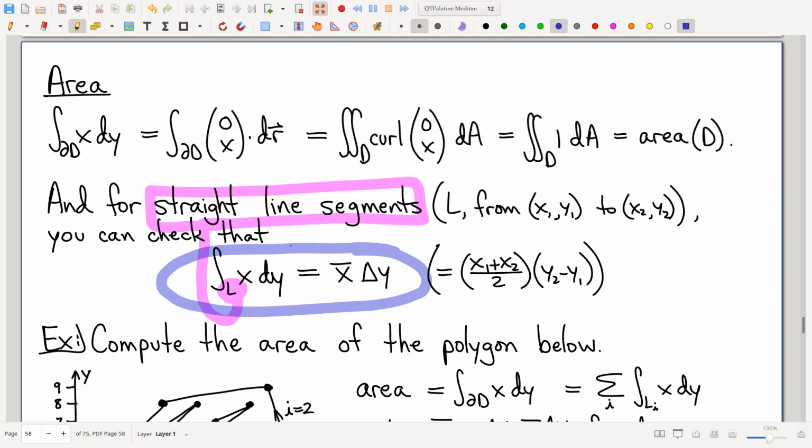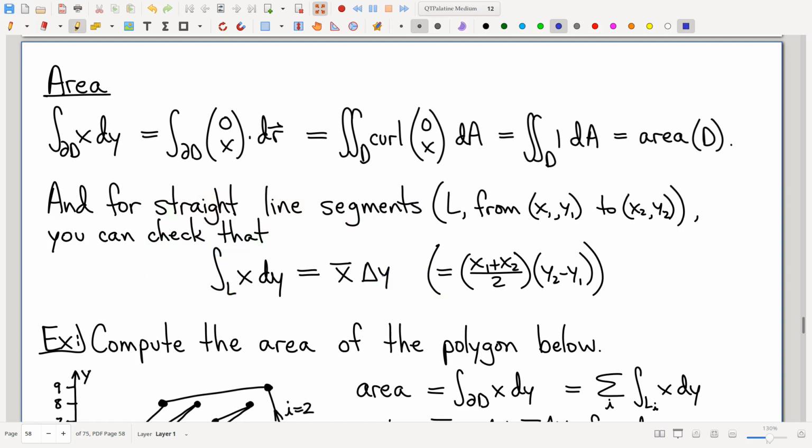You're going to get exactly this. It's super handy to just remember that the answer is: you look at the average value of x over your line segment, and multiply by the change in y over that line segment. Boom. That will always give you the right answer on a straight line segment.